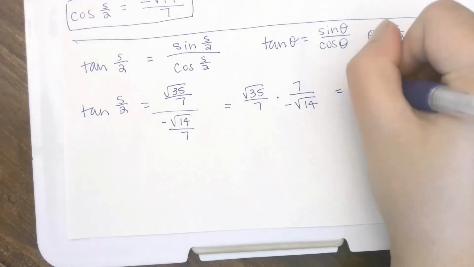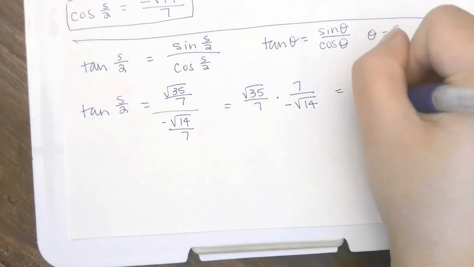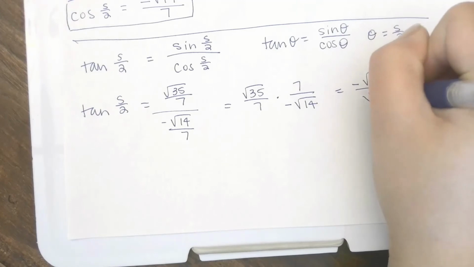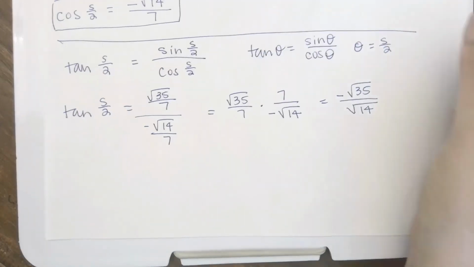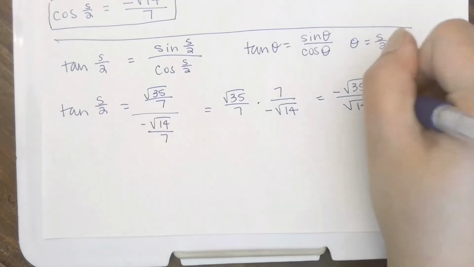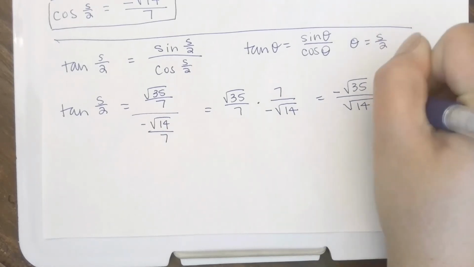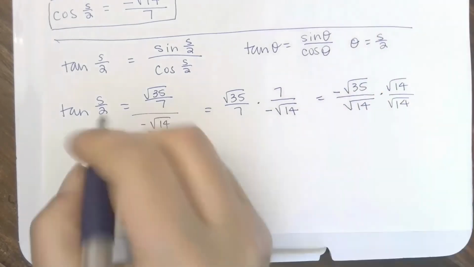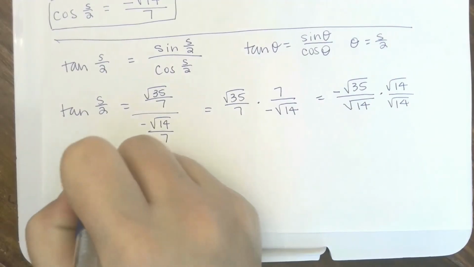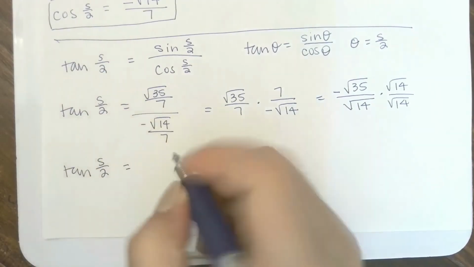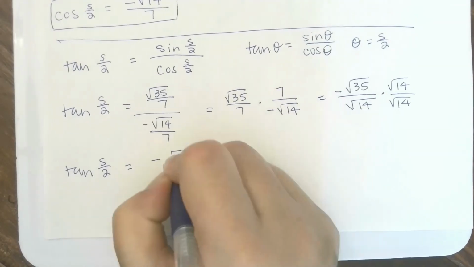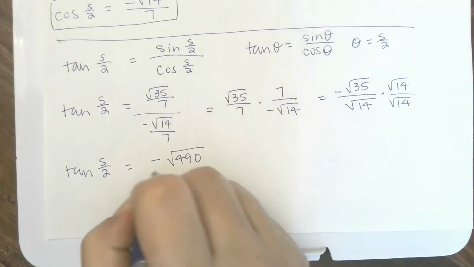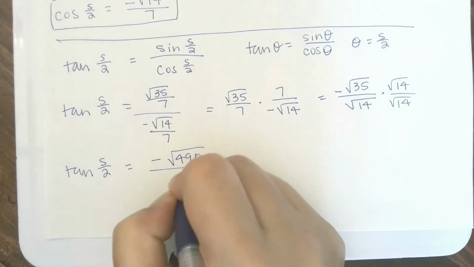This gives me negative square root of 35 over square root of 14. Just like we did above, we have to rationalize this, so multiply by the square root of 14. Then tangent of s over 2 is going to give us negative square root of 490 over 14.